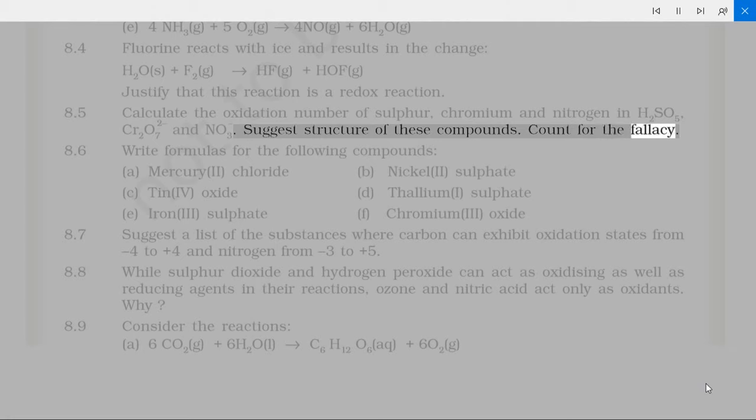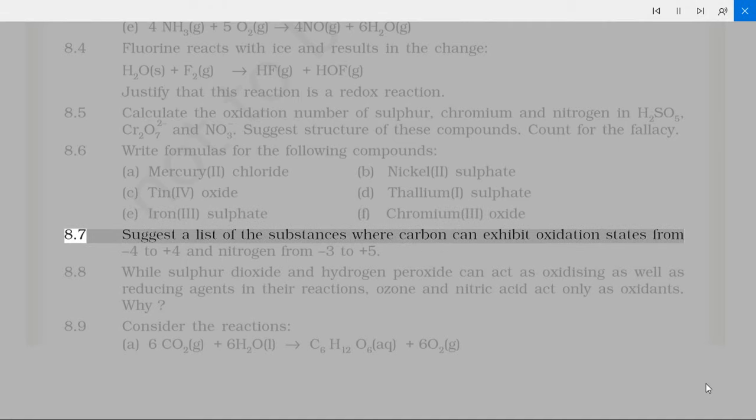Count for the fallacy. 8.6 Write formulas for the following compounds: A, Mercury(II) chloride; B, Nickel(II) sulfate; C, Tin(IV) oxide; D, Thallium(I) sulfate; E, Iron(III) sulfate; F, Chromium(III) oxide.